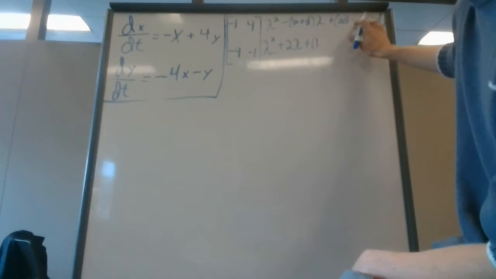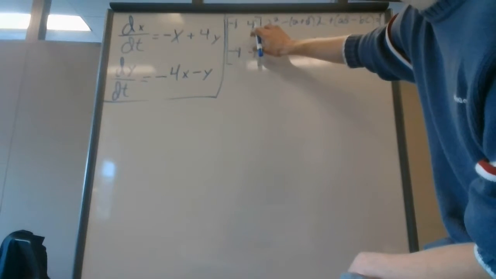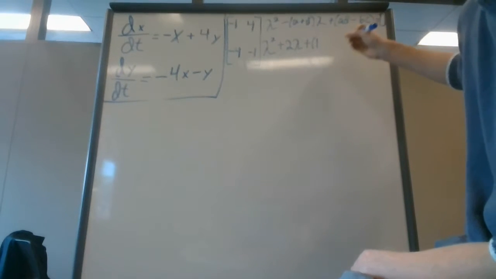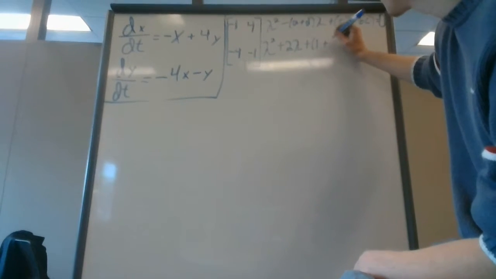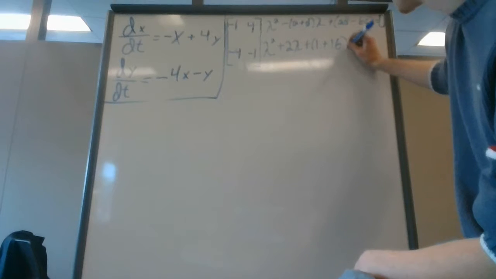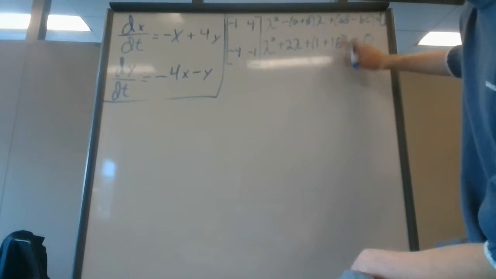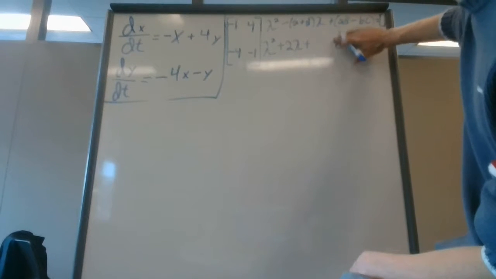And then minus bc. B times c is -16, minus -16 is +16. We got 1 plus 16, and this all equals 0.